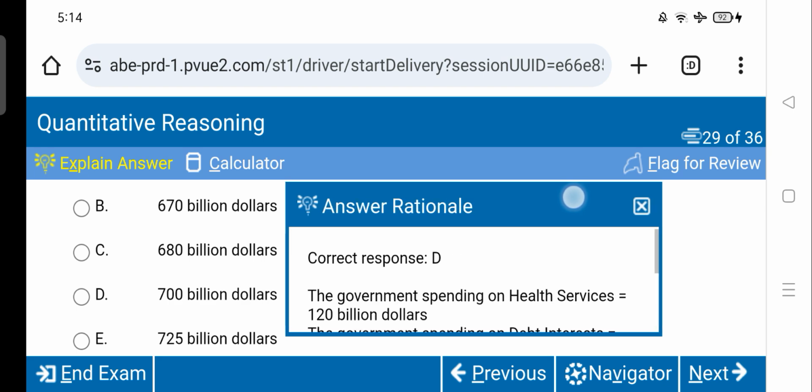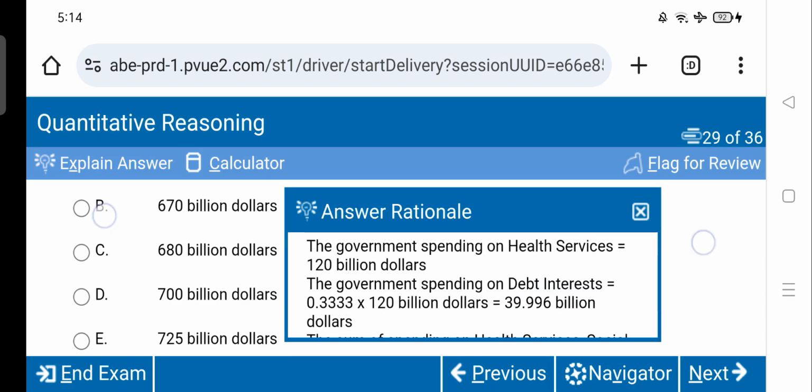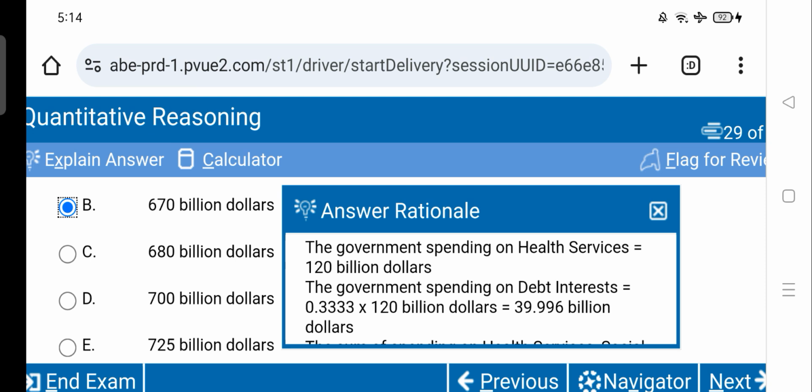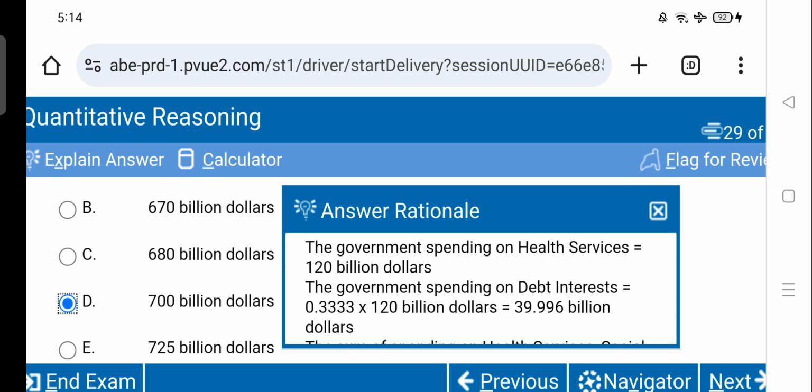So the correct response is option D. The government spending on health services equals $120 billion. The government spending on debt interest equals 0.33 multiplied by $120 billion, which equals $39.996 billion.